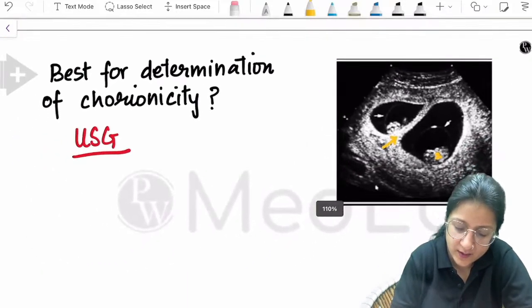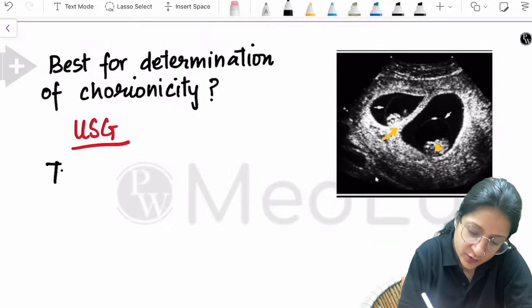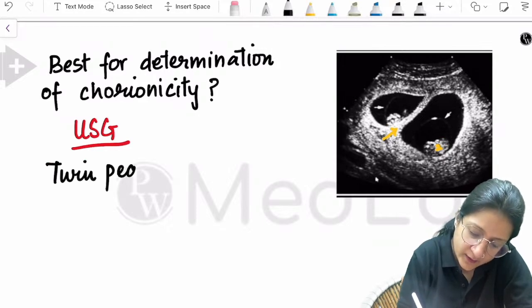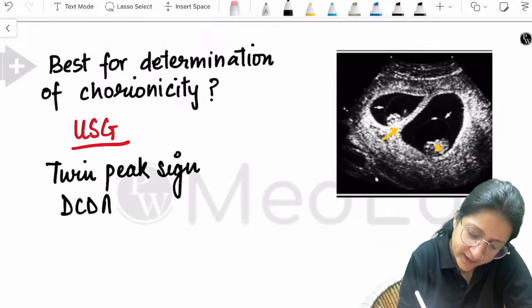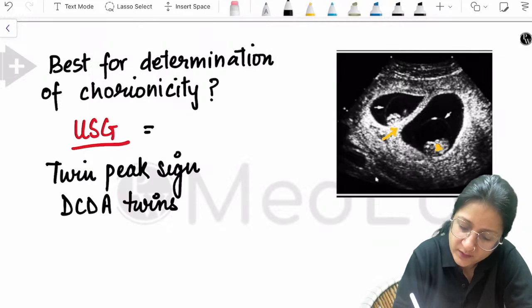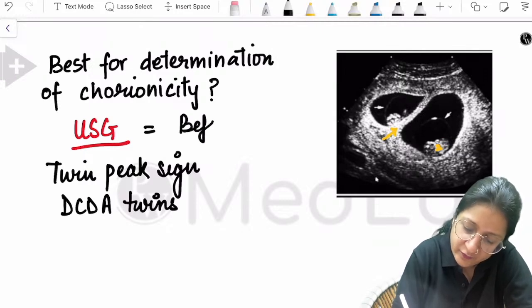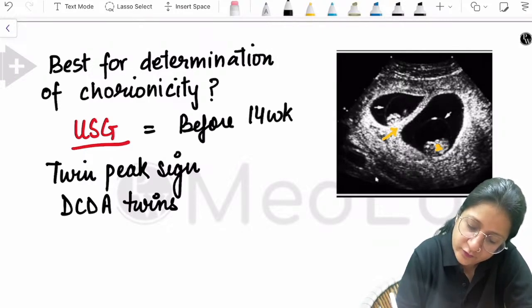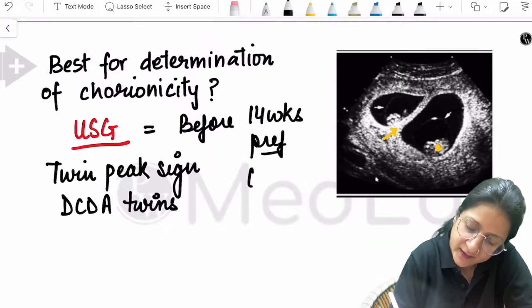This is seen in dichorionic diamniotic type of twins, and the best time to perform this ultrasound is before 14 weeks, preferably between 10 to 14 weeks.